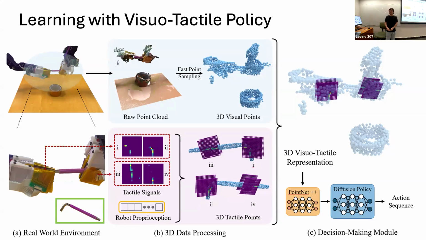Any questions? Why 3D? Diffusion policy works great with images, so why not just images plus tactile, without any point clouds, pose estimation, or alignment? Yeah, that's a good point. There is a paper called 3D Diffusion Policy.